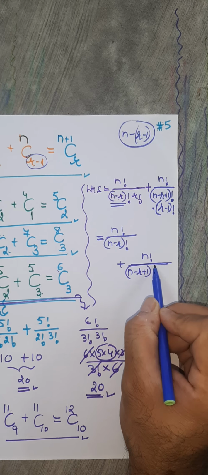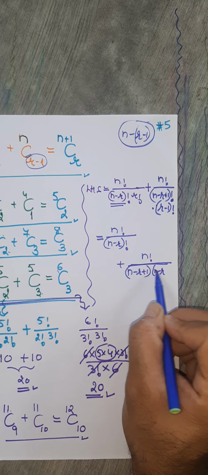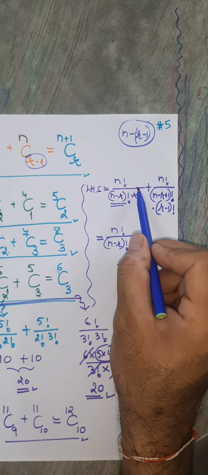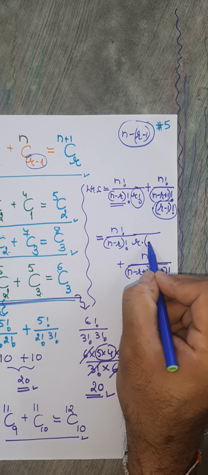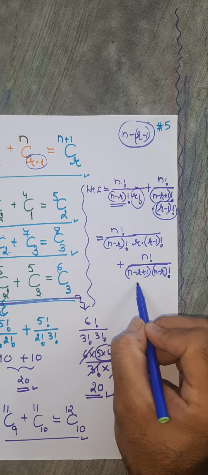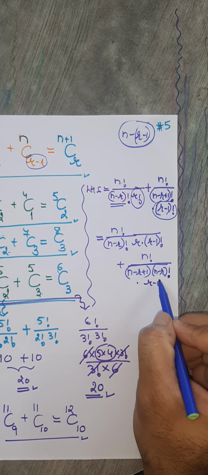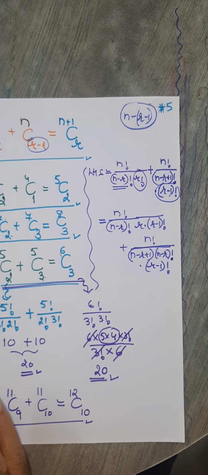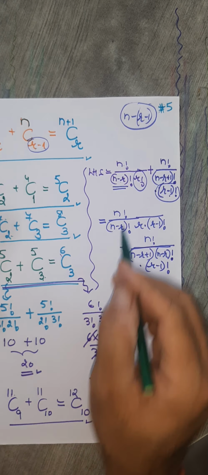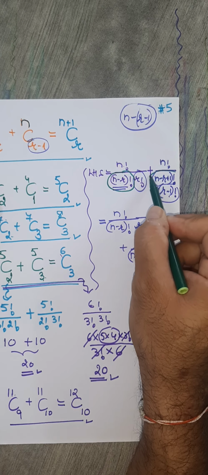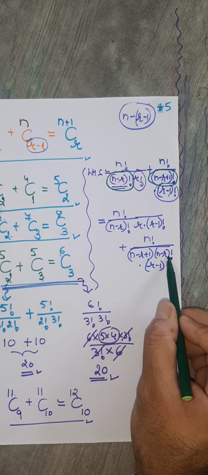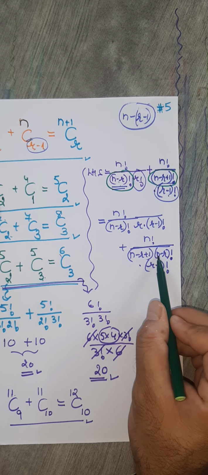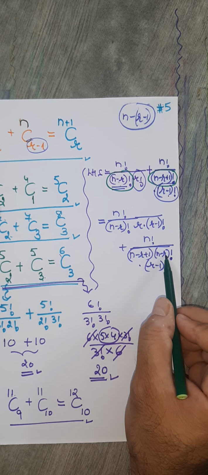This into one less, so one less, n minus r plus 1 minus 1, that is this factor. Out of these two, which is the smaller factorial? That is r minus 1. So r factorial, what will you write, r into one less, that is r minus 1 factorial. So here beside it, the remaining is r minus 1 factorial. Fine. What I did, I have expressed the bigger factorial in terms of a smaller factorial, nothing else. Out of the two, which is smaller, that is this one. So I wrote it in that form. n minus r plus 1 made one less, so n minus r. Suppose this was 3 factorial, I would have written 3 into 2 factorial.